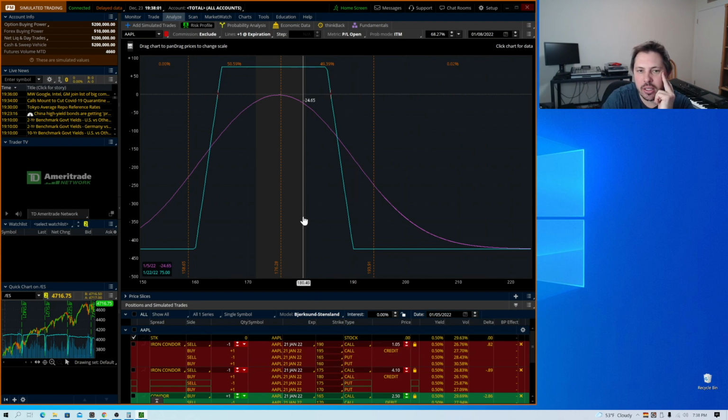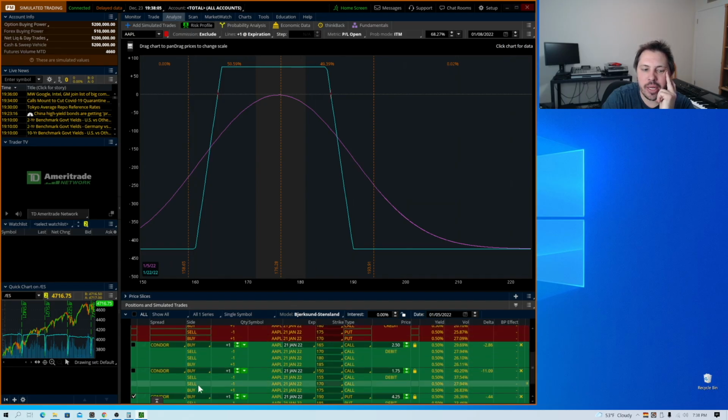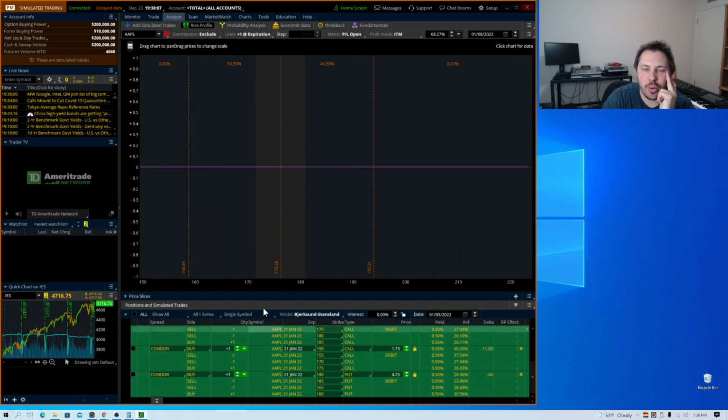I probably wouldn't do this trade, but as an example, it's always good to look at these things, see what the prices are showing us, and then make that decision for yourself. Whatever your risk tolerance is, whatever you're trying to do, you should be the one who has the authority to accept that risk and make that decision.